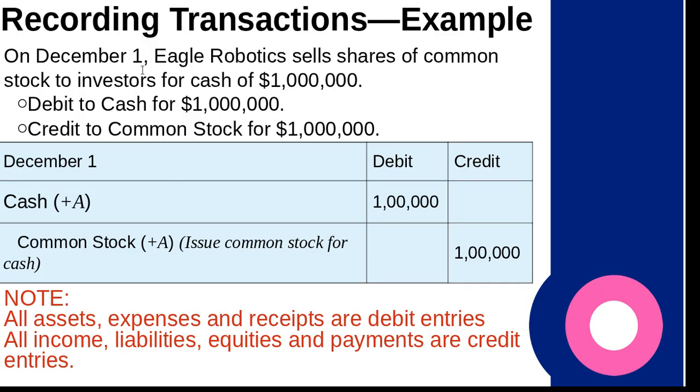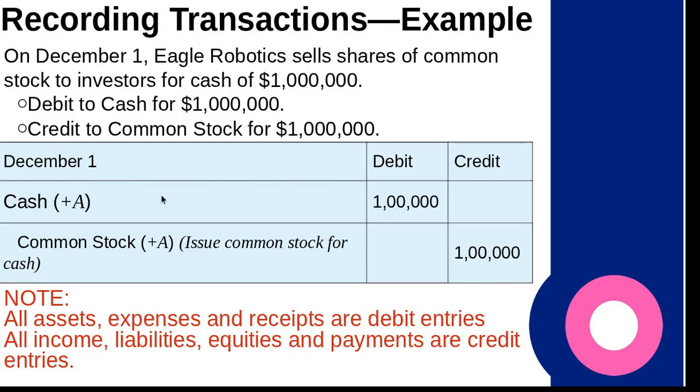See this: on December 1, Eagle Robotics sells shares of common stock to investors for cash. We sold shares to investors for cash. So that shares we sold, we collected it in cash, and it means that we have common stock, which is capital in that business, and the capital will be credited while the cash that we have received will be debited.